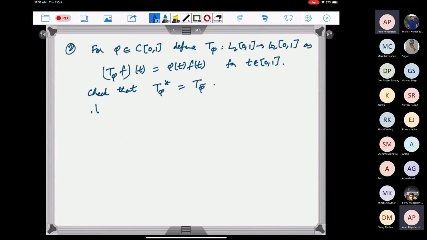So therefore this T phi is self-adjoint if phi is real valued. Right. So if phi takes only real values, then phi bar is equal to phi. So then in that case, T phi star is equal to T phi itself. So it will be a self-adjoint operator if and only if, in fact, this phi is a real valued function.